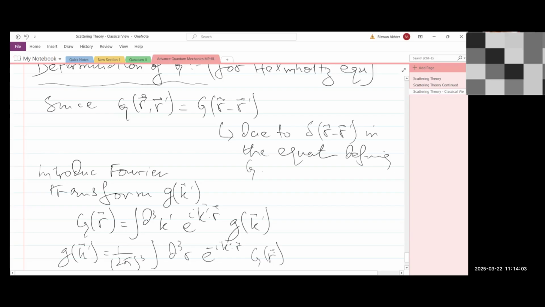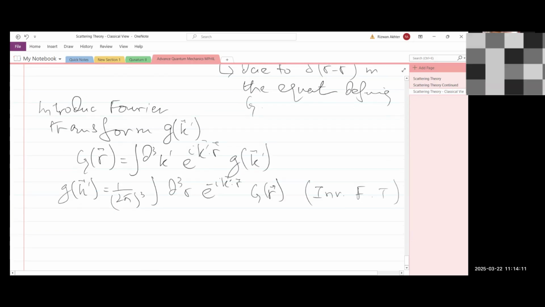This is basically the inverse Fourier transform.